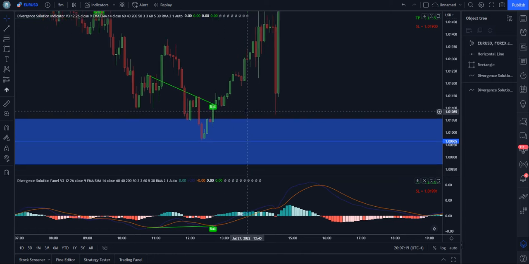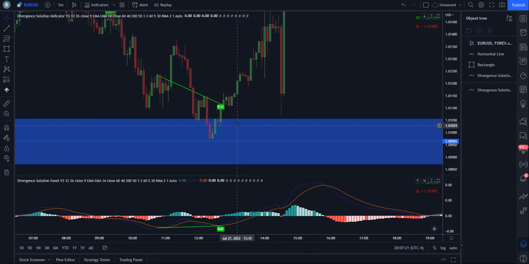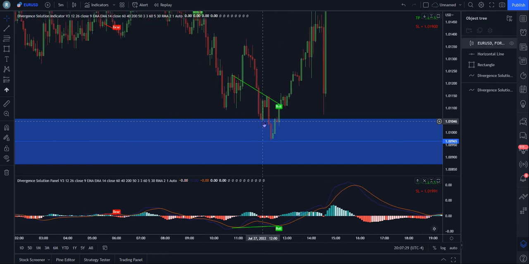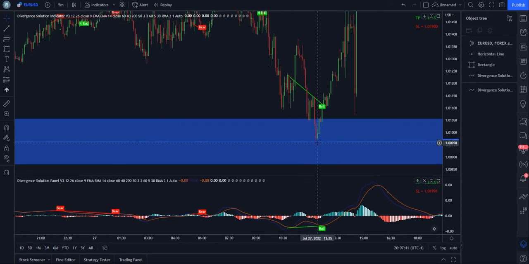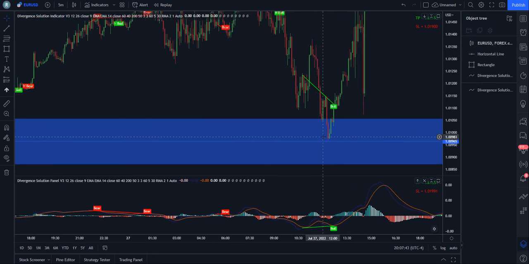But I love to use divergence or kind of interpret it to validate stop runs. Because that's essentially what divergence is showing us, that price is doing a fake out where we see it aggressively trade down here, but the divergence is showing us, that's actually just a fake out. It's running for stops. The true move is going to be bullish.